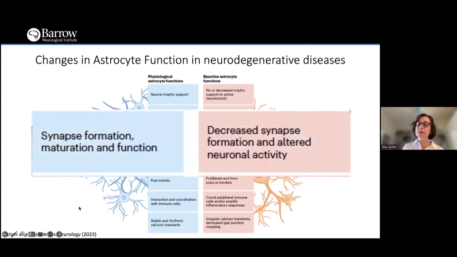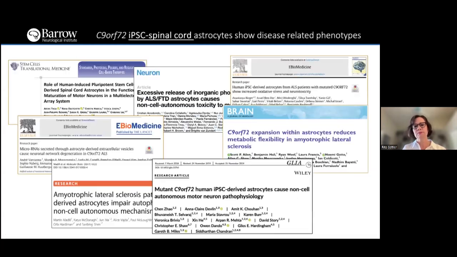The most important part that we're interested in, because we're very focused at the synapse, is its role in synaptic formation, maturation, and function. And there certainly has been indication that there is potentially a contribution of astrocytes to this decreased synapse formation that I showed you earlier, and thereby an altered neuronal activity.